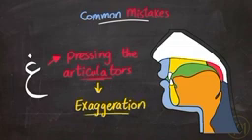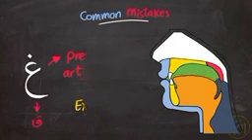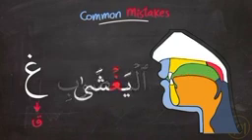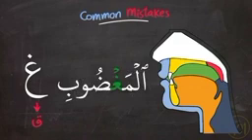The result is that the sound will stop and it will sound more like a qaf rather than ghain. It sounds like this. Al-maqdoob yaqasha. While the sound of ghain should flow smoothly and it has the ability to continue.